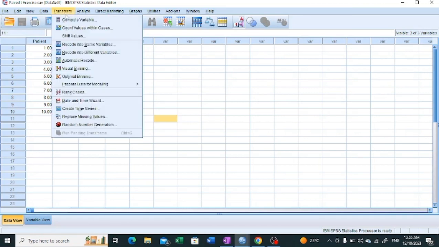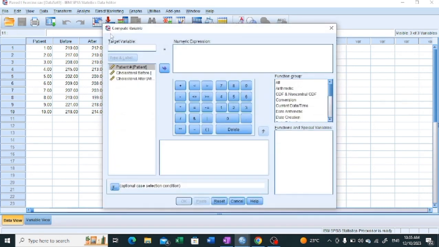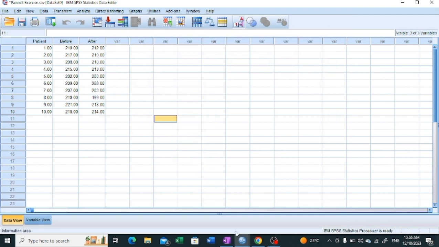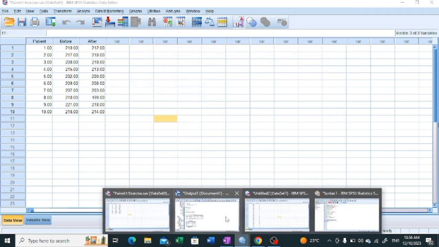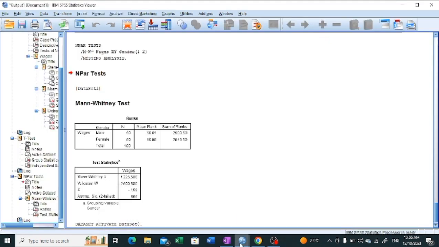So we go for transform, compute variables. Target variable is paired differences that I am naming as paired underscore diff. And we select cholesterol before, then minus cholesterol after, and the software will compute this difference variable automatically.